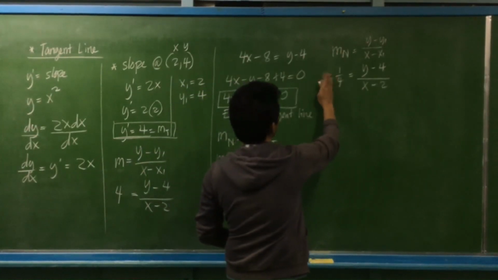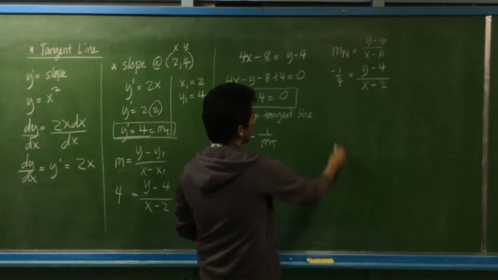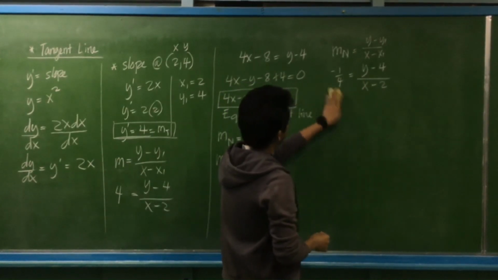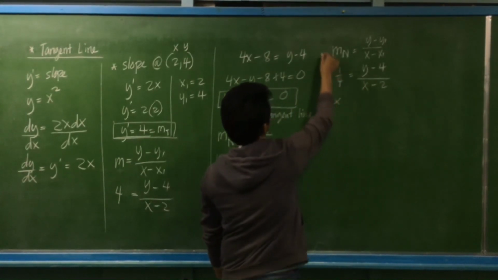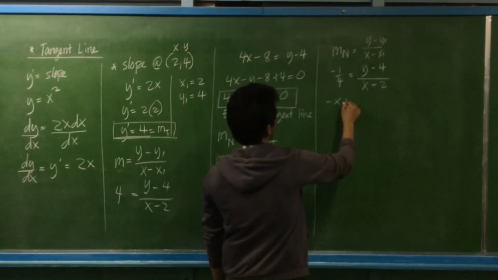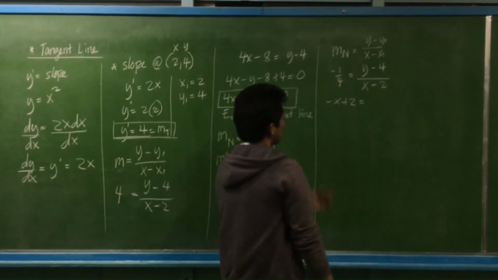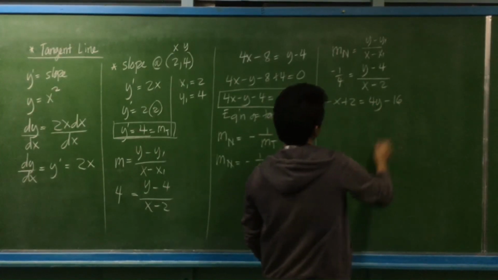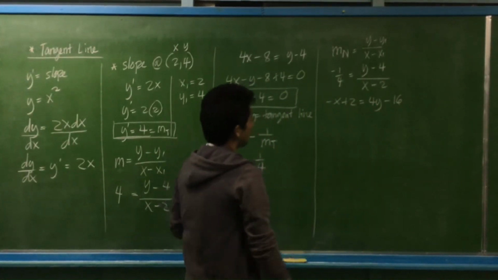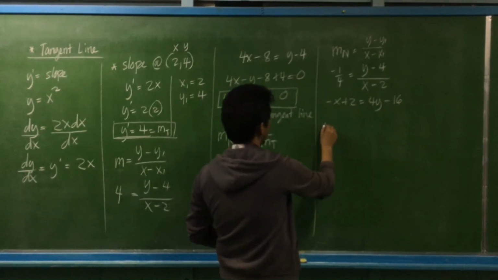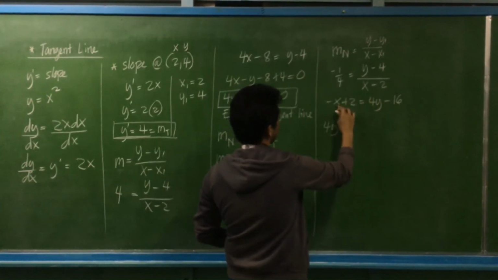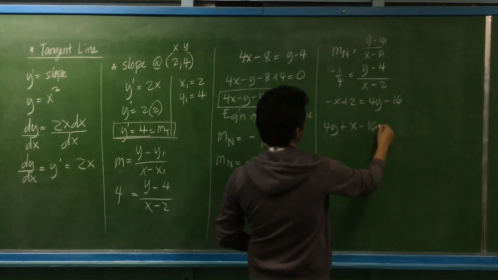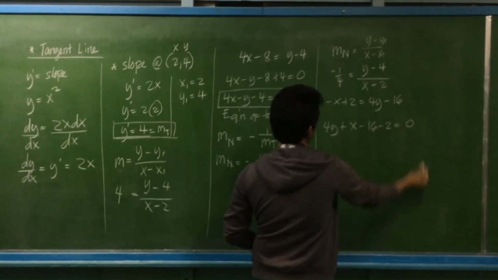Putting the negative sign on the 1, we have negative 1 multiplied by x, that is negative x plus 2, is equal to 4y minus 16. If I just transpose, we have 4y plus x, then negative 16 minus 2, is equal to 0.